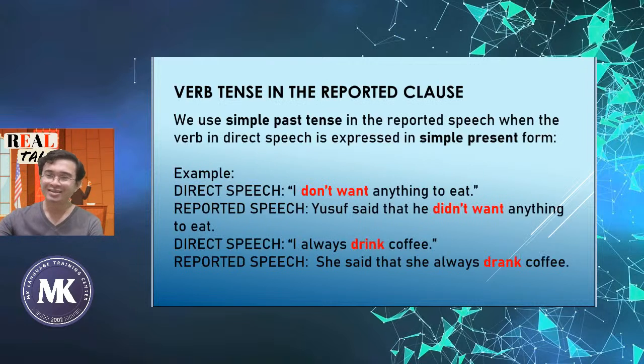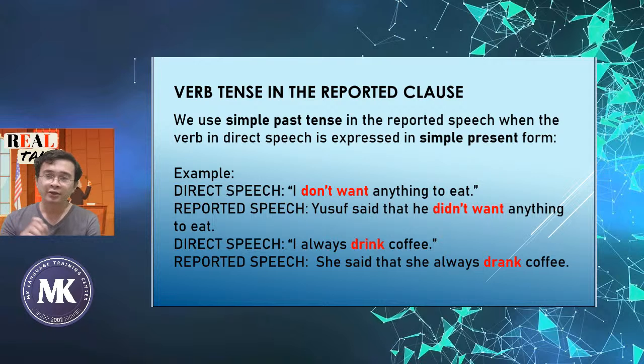Reported speech is a way to tell what a person has said, and we use past tense in reported speech when the verb in direct speech is in simple present form.